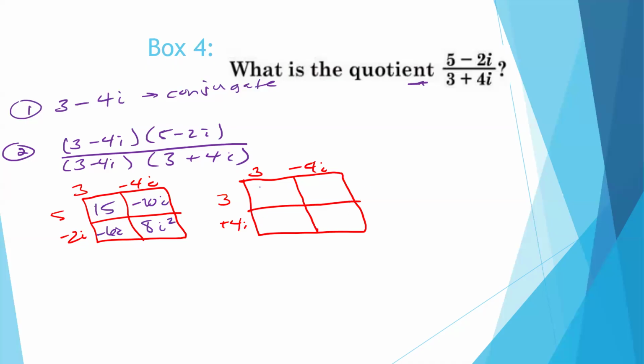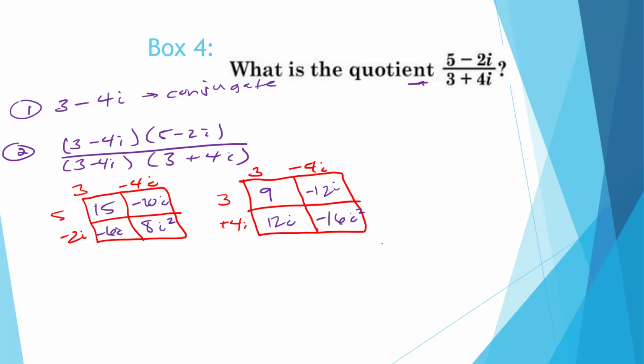Repeat the process. 3 times 3 is 9. 3 times negative 4i is negative 12i. 3 times positive 4i is positive 12i. And 4i times negative 4i is negative 16i squared.